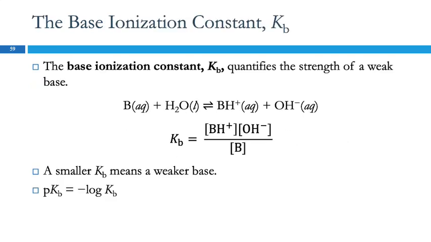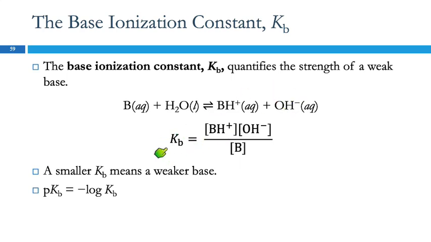We talked about the acid dissociation constant to identify the strength of a weak acid. So we're going to use the base ionization constant for weak bases. So Kb, equilibrium constant. The base reacts with water to form the conjugate acid and hydroxide.